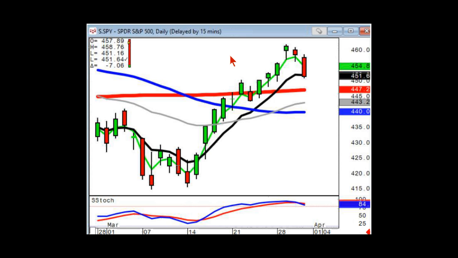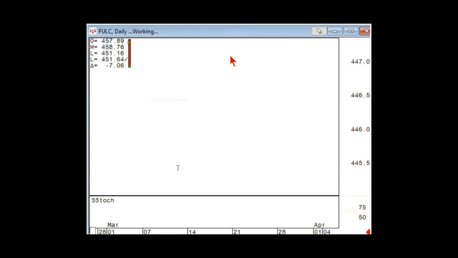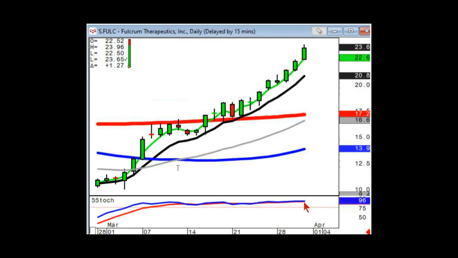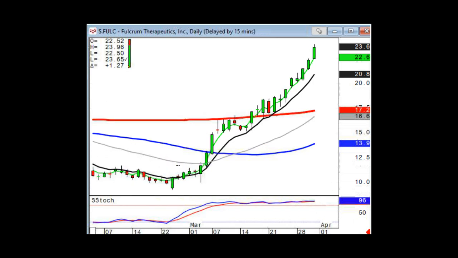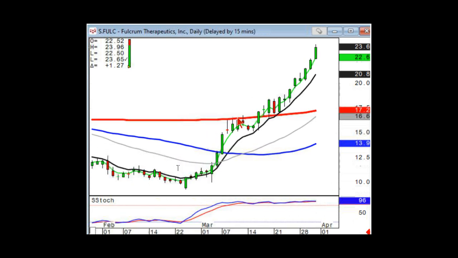Okay, so if we always have the ability to see what the strongest signals and patterns are, I'm going to start off with the bullish ones. Look at our bobble breakout right here.